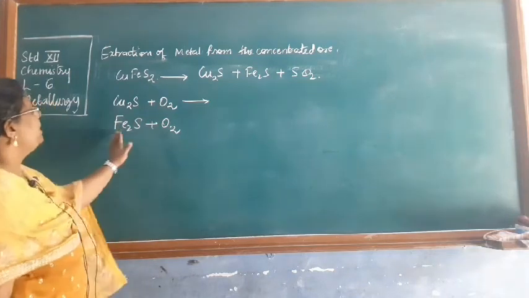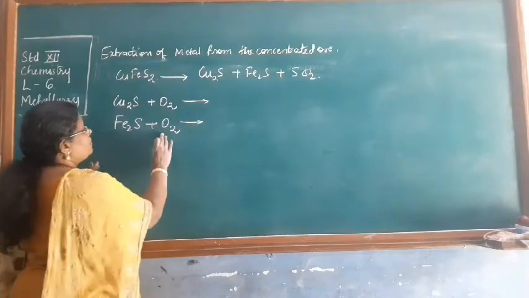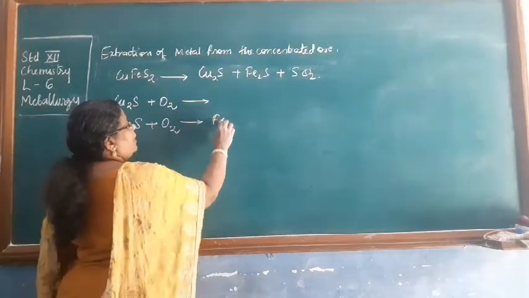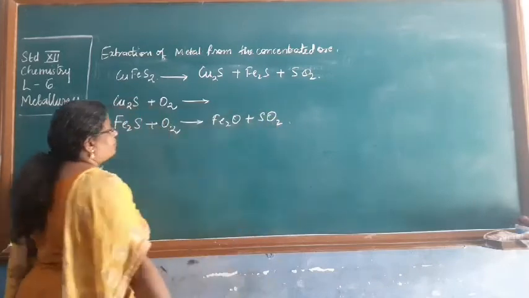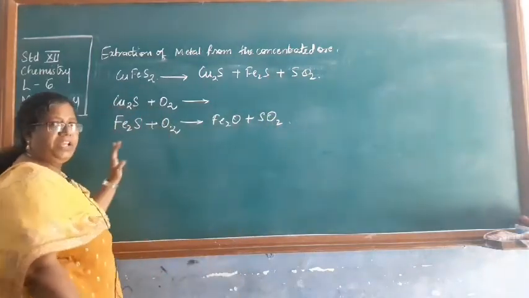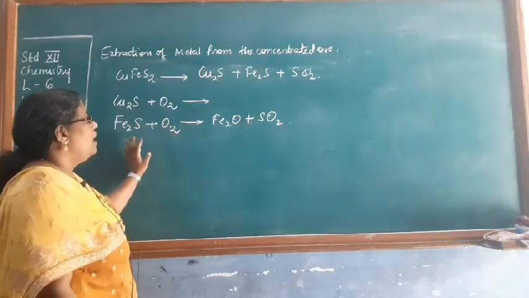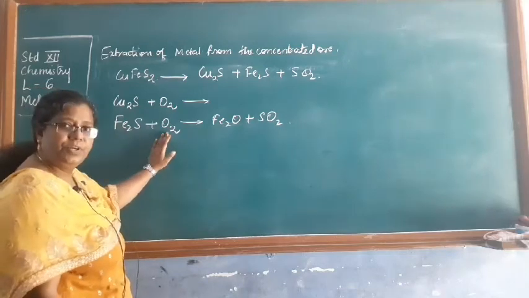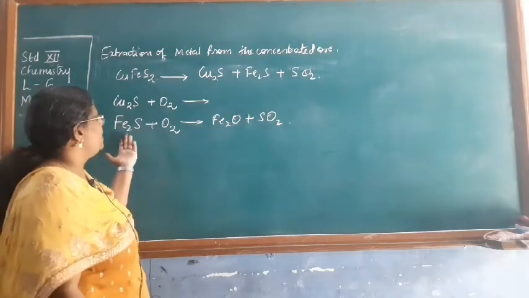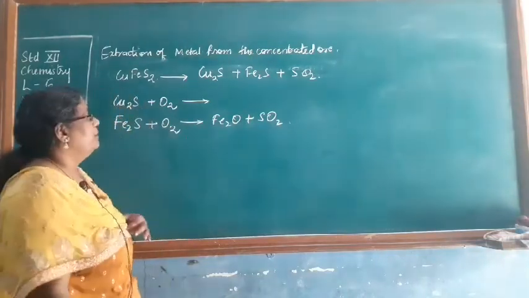So what will get converted first into oxide form? The Fe2S will get converted to FeO plus SO2. This is not a balanced equation, I am just trying to make you understand how this reaction occurs. Fe2S has more affinity towards oxygen, so Fe2S gets converted to FeO.